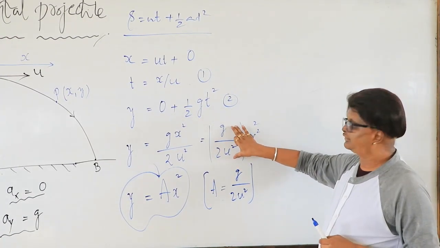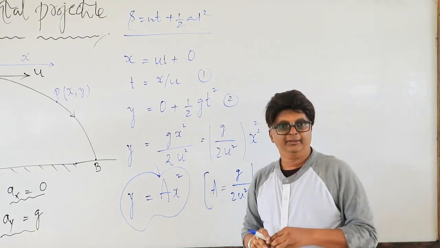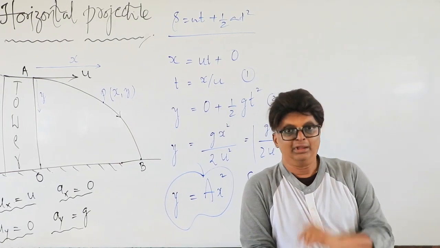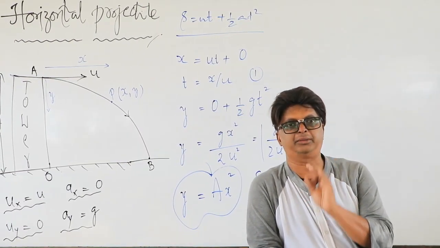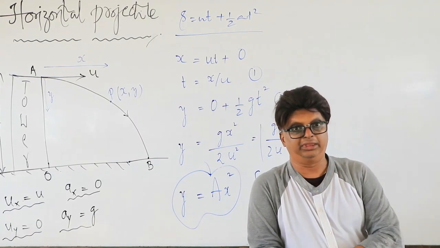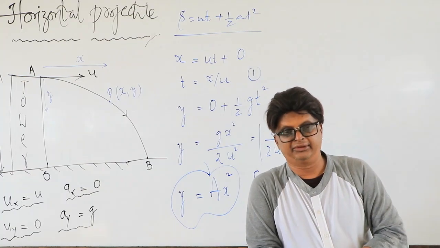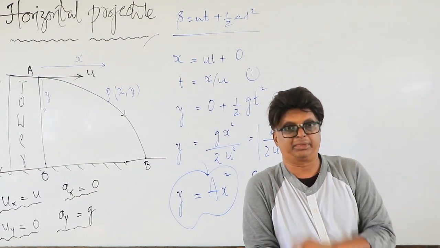So when you are writing the constant, you have to remember what the constant is here. The same we did in the case of the oblique projectile, ax minus bx square. Afterwards we deduced the expressions for range, maximum height, and time of flight in terms of a and b. In those, a equal to tan theta and b equal to g by 2u square cos square theta came.